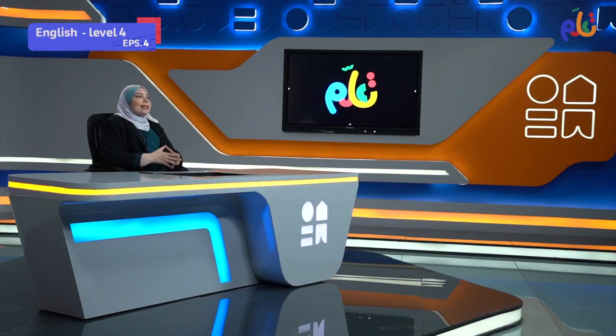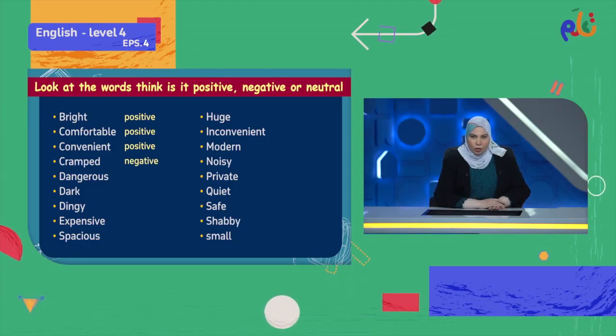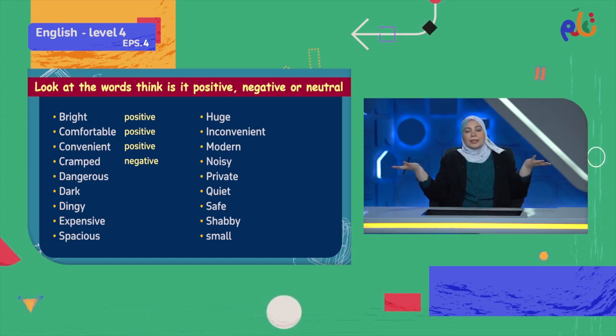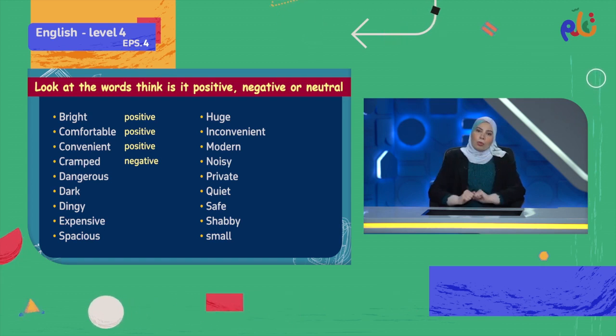So if I say that my room is cramped, is it something positive or something negative? It is something negative because you don't have enough space to move, or you don't have enough space to put anything. So cramped is a negative description. And if we're talking about it, does it describe the inside or the outside? It can describe both.